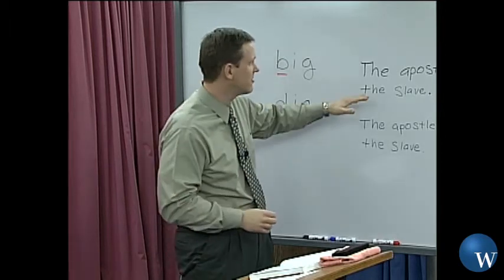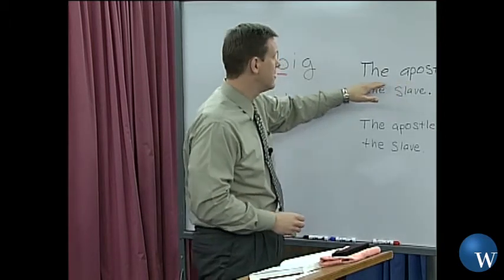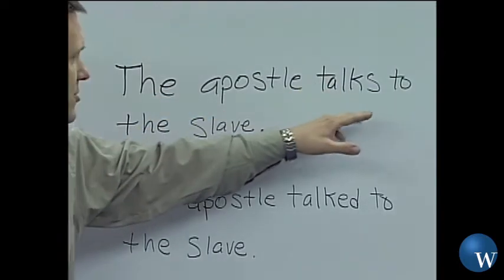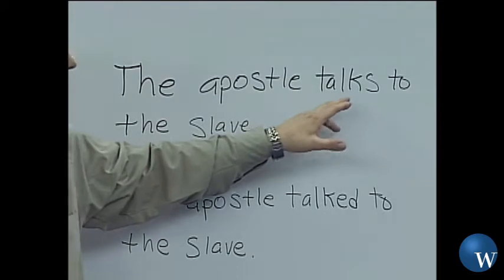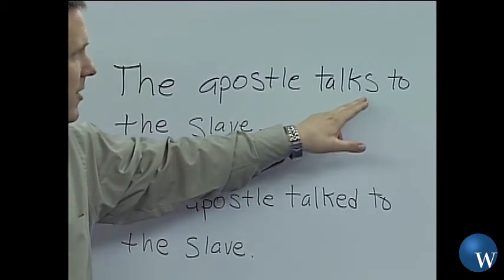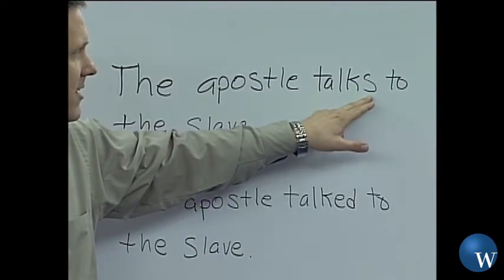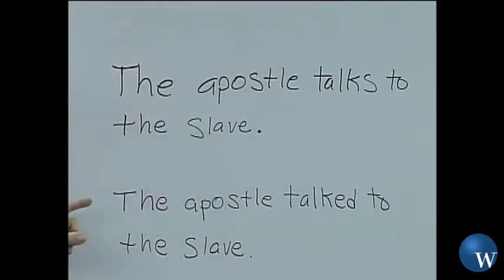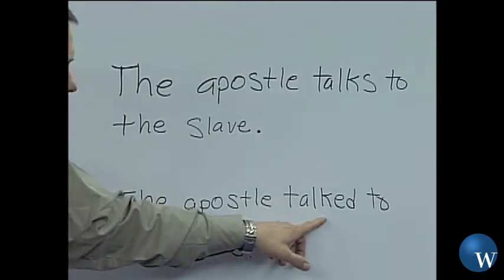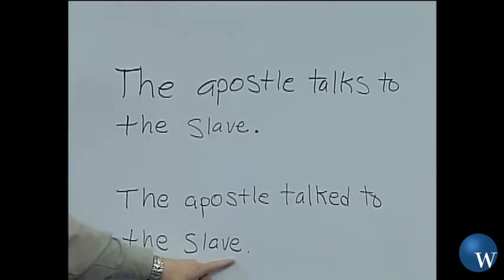Take a look at these sentences that I've written here up on the board. This first sentence: the apostle talks to the slave. All right? That verb talk here with the ending S tells us that that's going on at present time. But notice now the very same sentence, with a small change: the apostle talked to the slave.